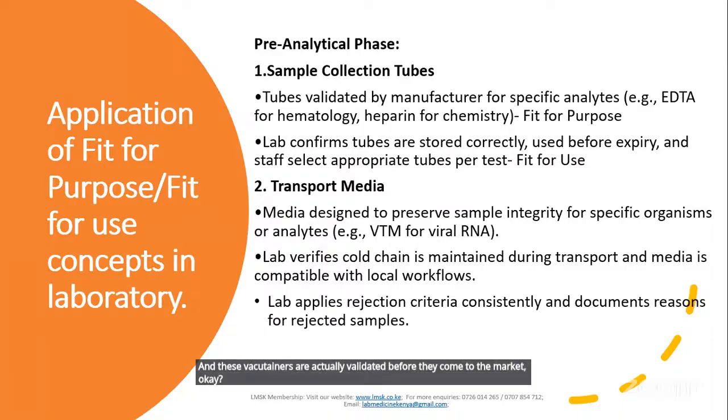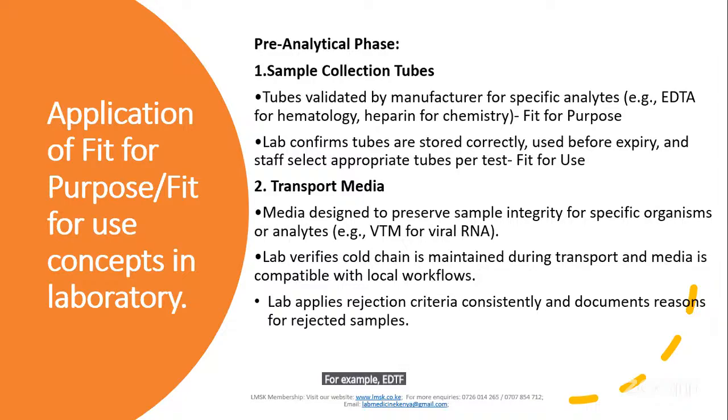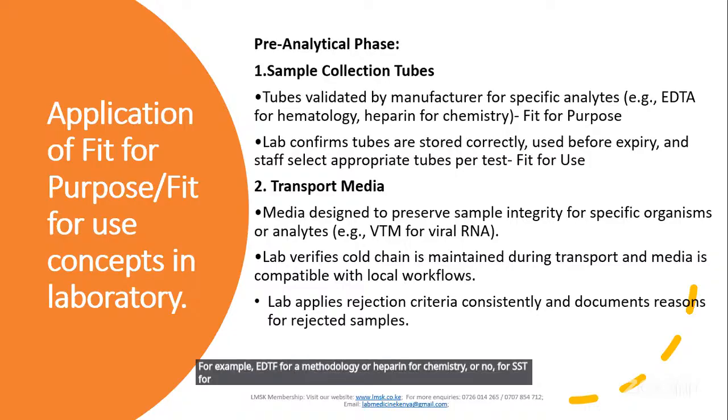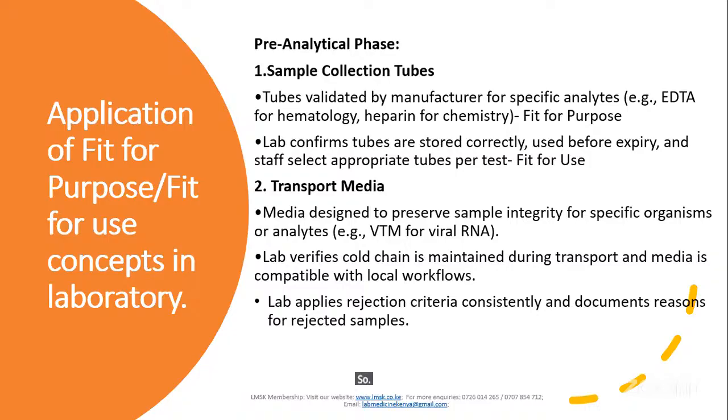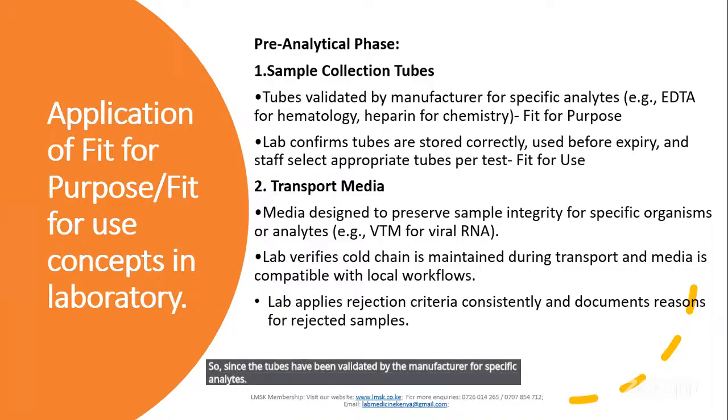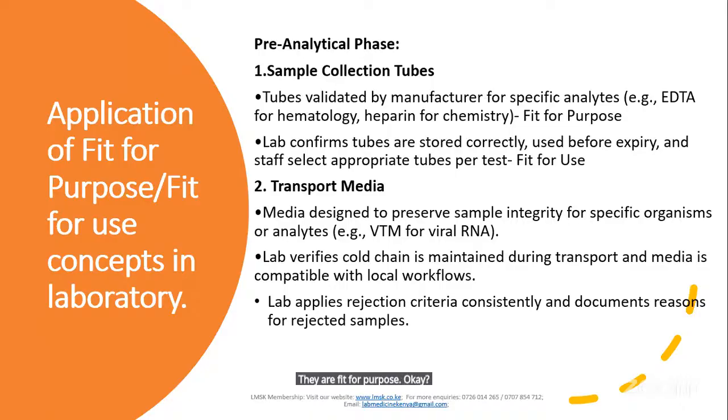For example, EDTA for hematology, heparin for chemistry, or SST for chemistry. Since the tubes have been validated by the manufacturer for specific analytes, they are fit for purpose before they're introduced in the market.